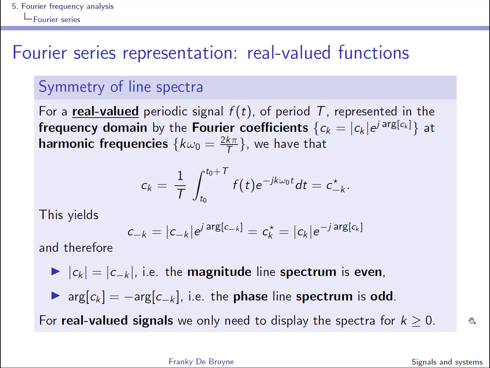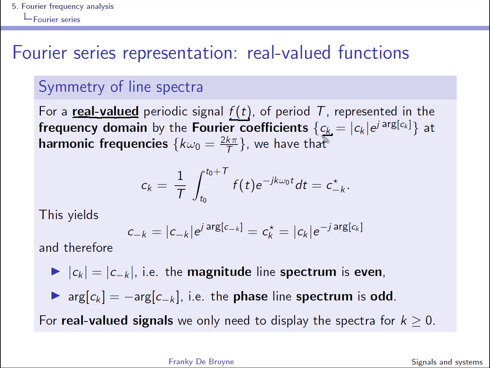So far we have considered a function f(t) that could be potentially complex valued, but in practice, in most applications, we'll use a function that is periodic, of course, but also real valued, and you will see that there will be some simplifications. Okay, so this function f(t) that is real valued can be represented in the frequency domain by the Fourier coefficients.